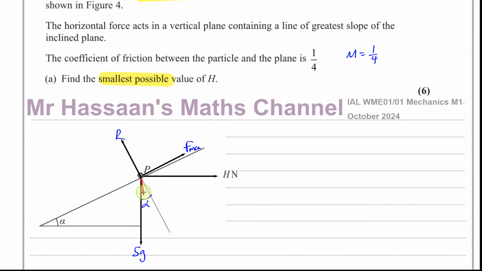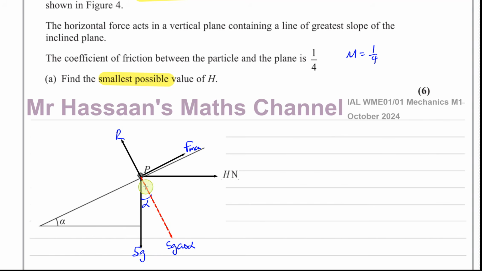If I resolve the weight in this direction, I have to go into the angle given, so I have to use cosine. So this is going to be 5G times cosine alpha. You can think of it as finding the adjacent side, this side here.